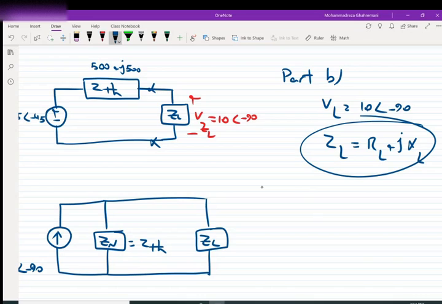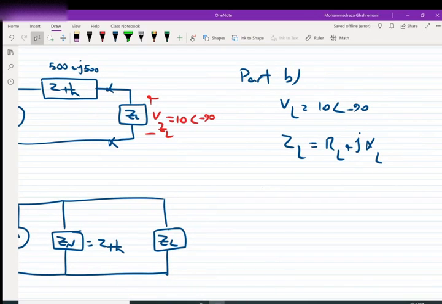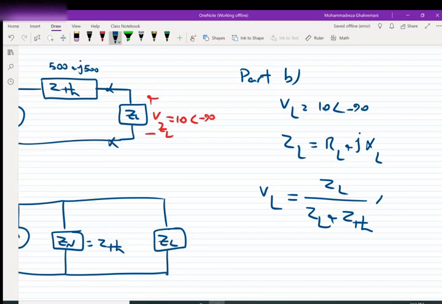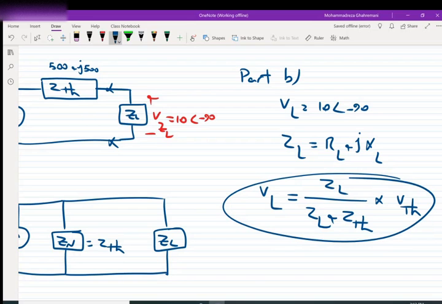ZL can be a single resistor, or the combination of resistor and inductor, or resistor and capacitor. So let's continue. The voltage across the load is equal to Z load over Z load plus Z Thevenin times V Thevenin. This is a voltage division.